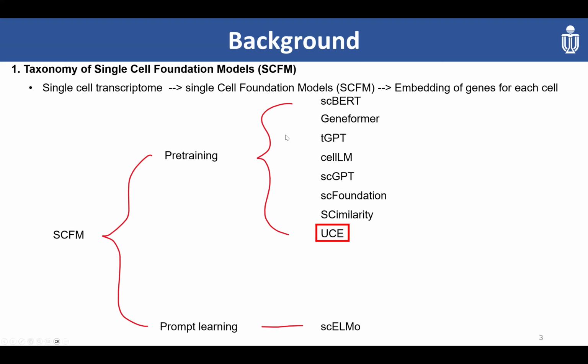There is a lot of work on pre-training, and all of it is pre-trained from scratch. Another type is called prompt learning. It means we design some prompt, like we type in some words in GPT-4, and based on those previous foundation models, we use some prompt to make it adapt to our specific task. And UCE belongs to the pre-training type.